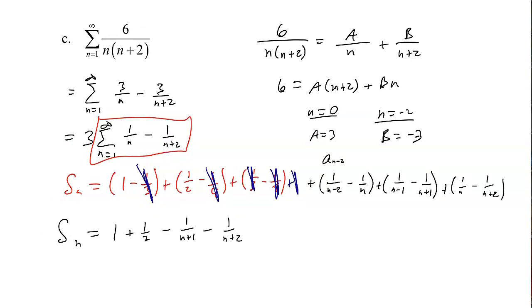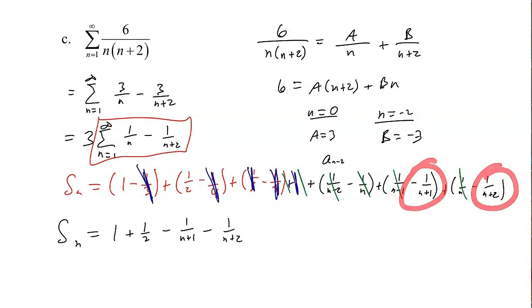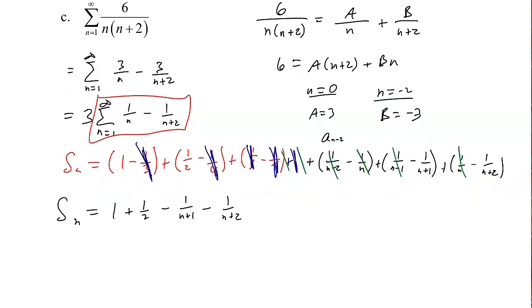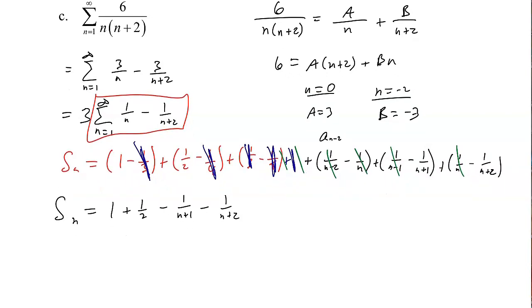Because now I can see that my 1 over n's will subtract out, which means I will be able to get rid of the first terms as I go backwards. So I am indeed left with negative 1 over n plus 1 and negative 1 over n plus 2. So I think that shortcut will work, but I do like to verify it with this as well, just thinking about those terms.